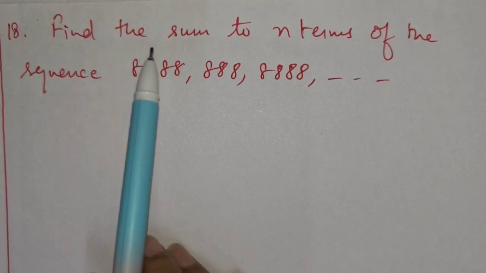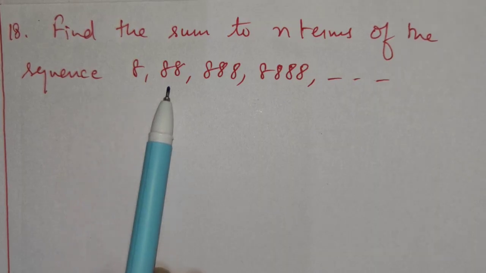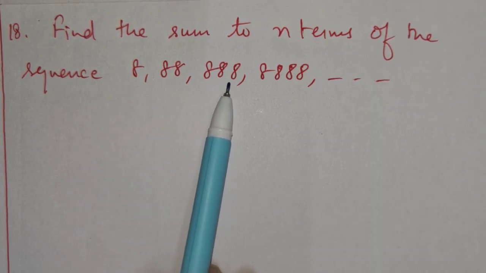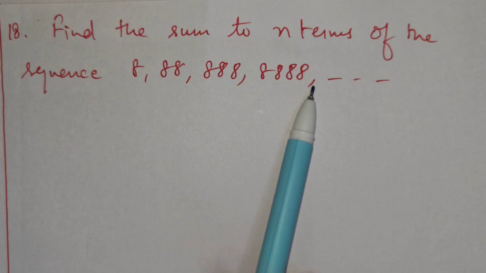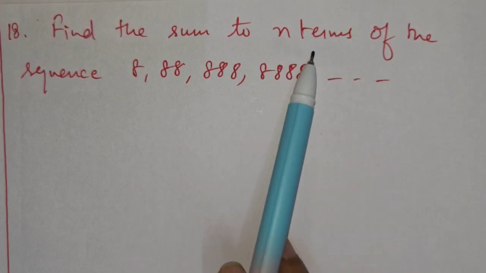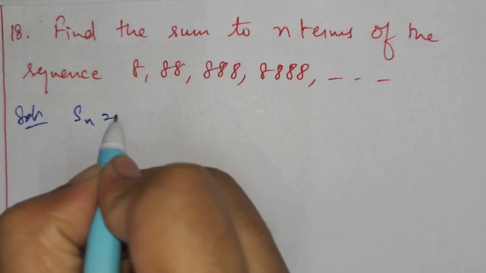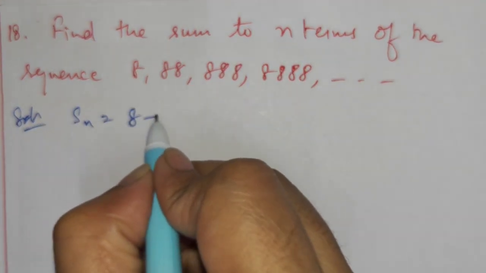Next question number 18 is: find the sum to n terms of the sequence 8, 88, 888, 8888 and so on. Now we have to find the sum of this sequence up to n terms. So let Sn be the sum of first n terms.